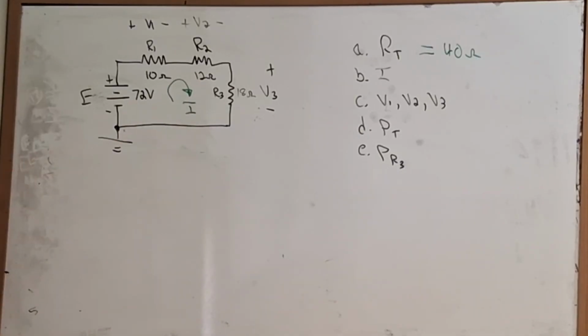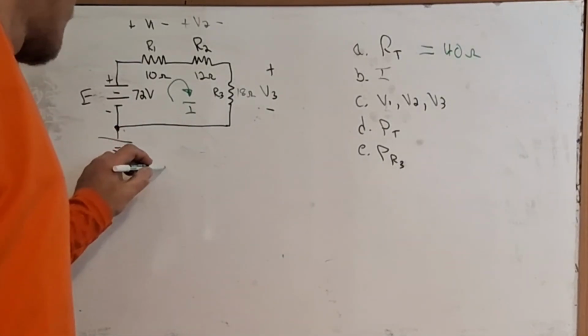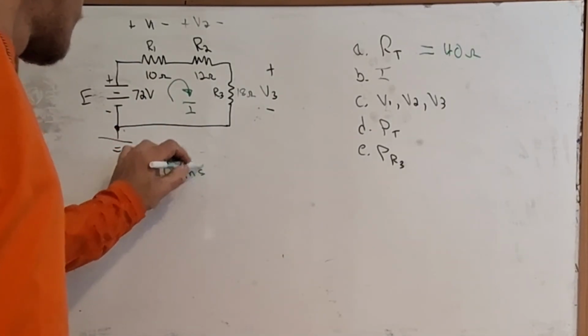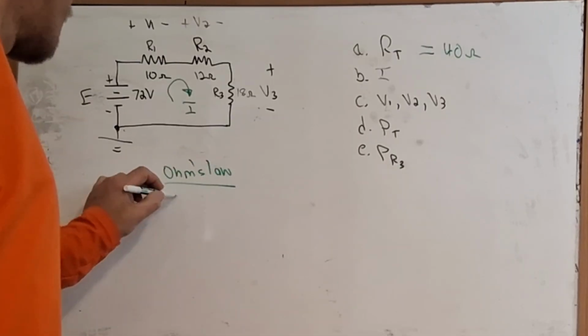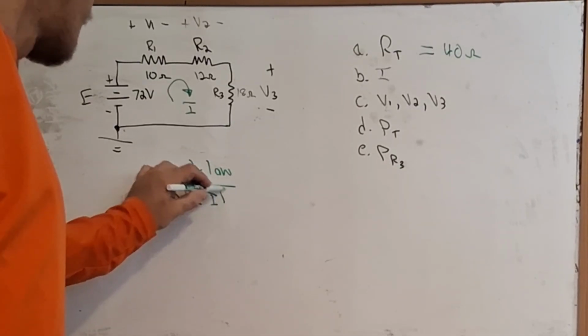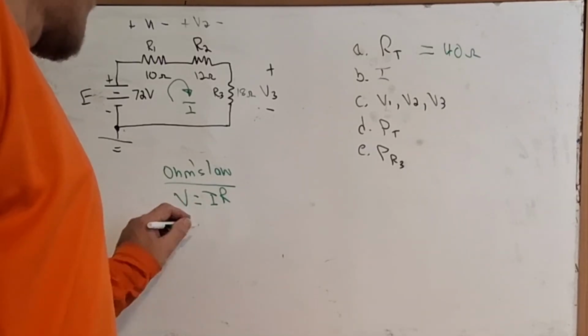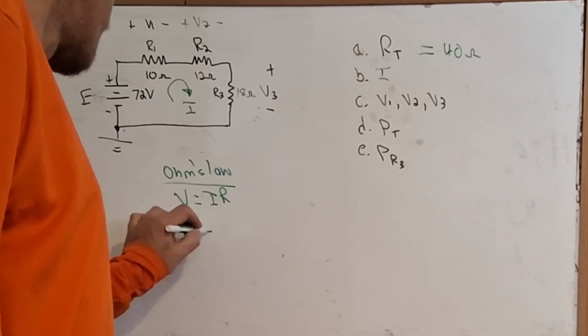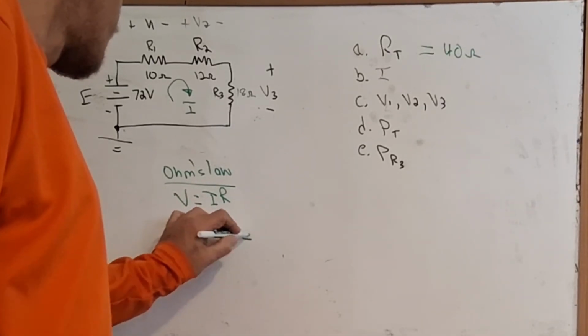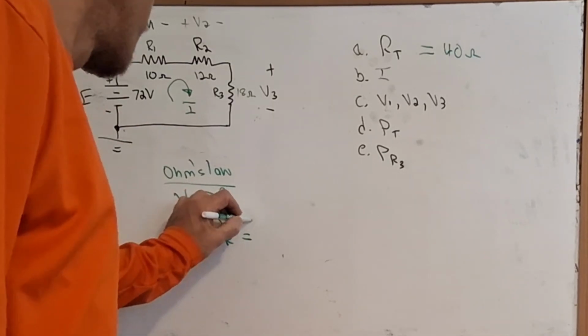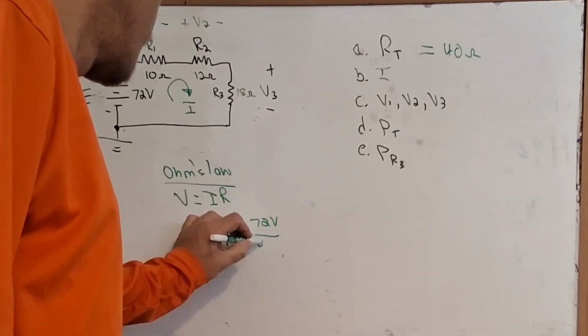Now we want to find the total current. Ohm's law is voltage is equal to the product of current and resistance. So if I want to find current, I need to divide both sides by R. And we have the voltage and we have the resistance.